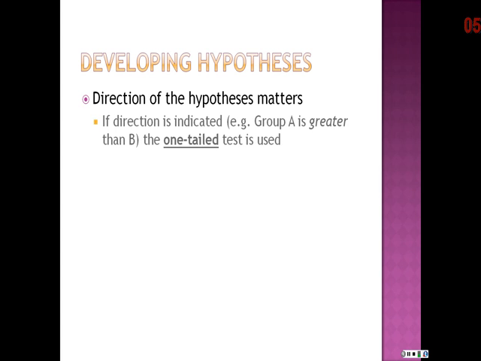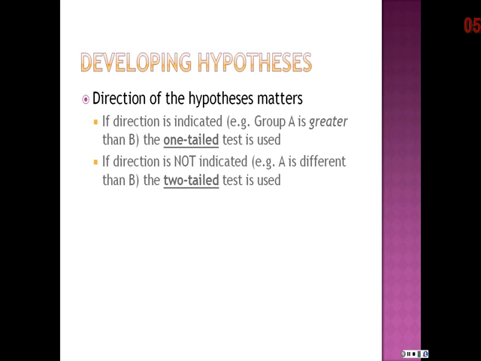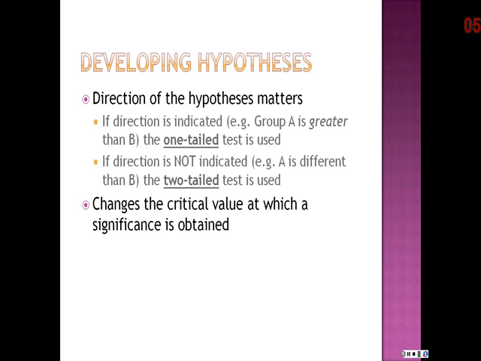So if the direction is indicated, so in this example, group A is greater than group B, we indicate that one group is greater than the other, then we'll use a one-tailed test. If direction is not indicated, A is simply different than B, we're not saying which way, then we'll use a two-tailed test. And what this does is it changes the critical value.